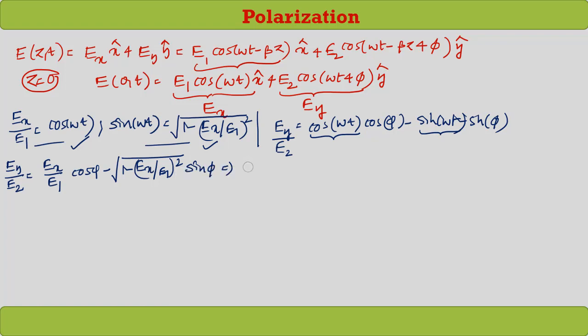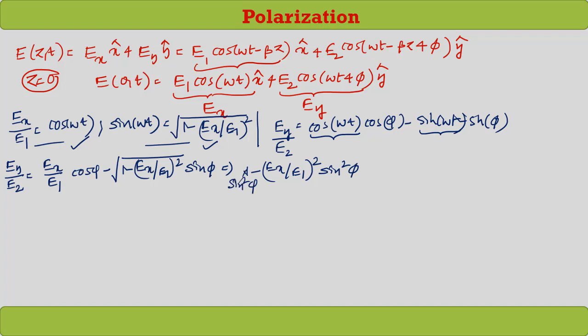You will get 1 minus (Ex by E1) squared, and here sin is also squared, so you get sin squared phi here, and if you multiply this with 1 you get sin squared phi here also.